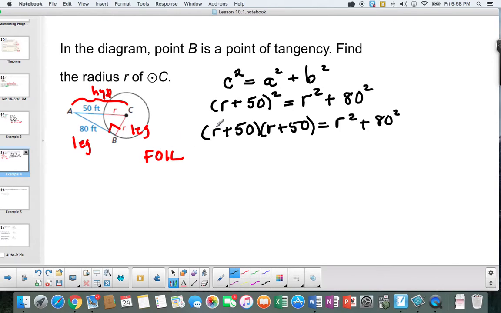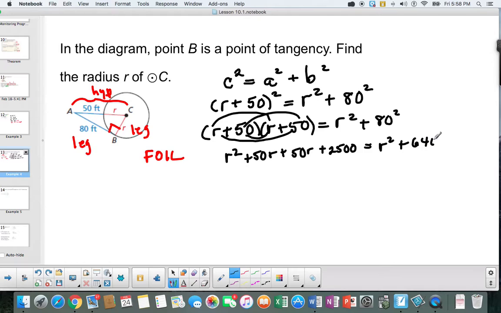Now remember, FOIL is first, R squared, outer, 50R, inner, 50R, plus last, which is 2,500, equals R squared plus 6,400. I'm going to be able to subtract R squared on both sides, and what's going to happen is I no longer have to work with it.